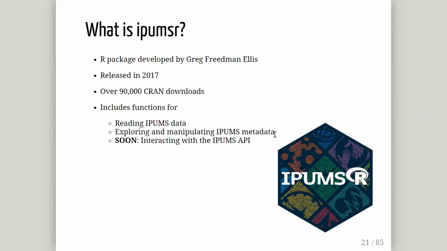And especially working with that metadata, we'll see how that can add a lot of flexibility and interesting information to your analysis. And towards the end, Derek's going to demo interacting with the IPUMS API. That feature is not released yet, but it is coming soon.